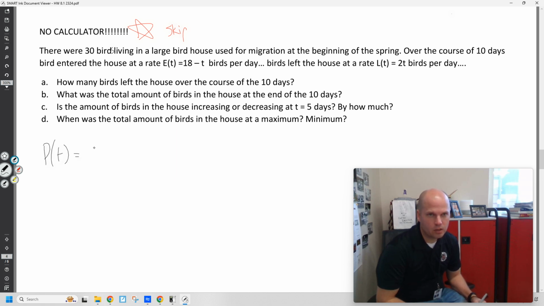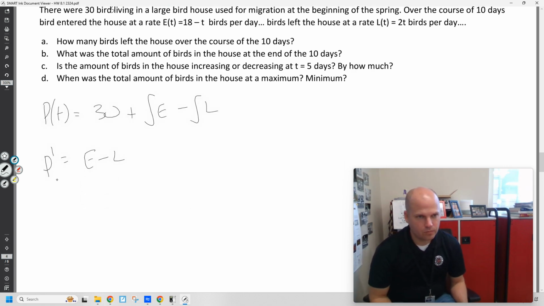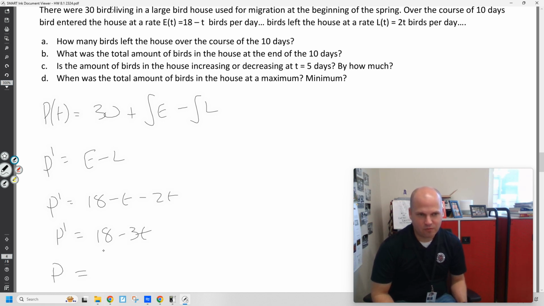Total amount 30 plus total in minus total out. E minus L. What's great about this is it becomes an easy question because P prime is E minus L. P prime is 18 minus 3T. That means P can be found not as this, but as an equation finding C. 18T. I gotta stop Screencastify.